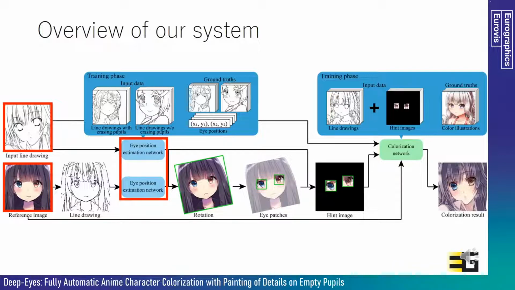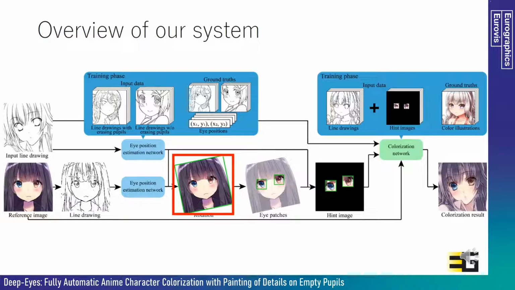In the bottom row and the upper left, the eye positions of the input reference image and the input line drawing are predicted by the eye position network. Then the reference image is rotated to correspond to the angle of the input line drawing. Eye patches around the pupils are extracted from the rotated image to generate the hint image.